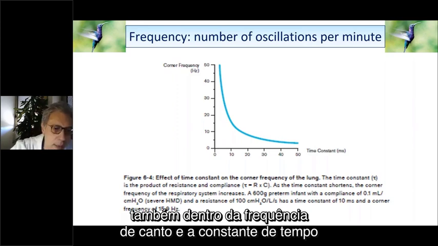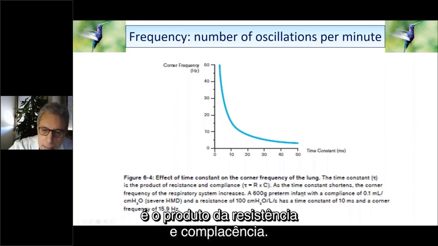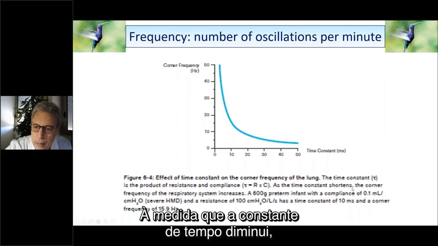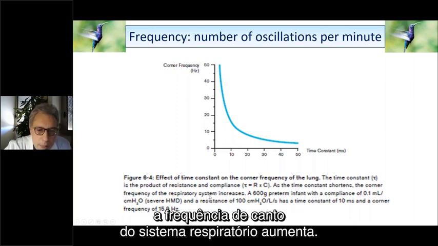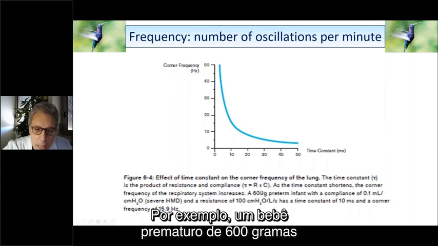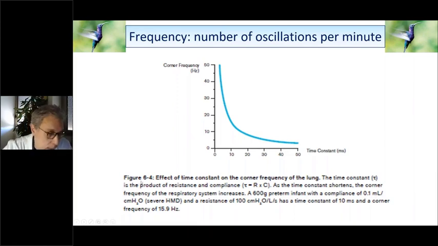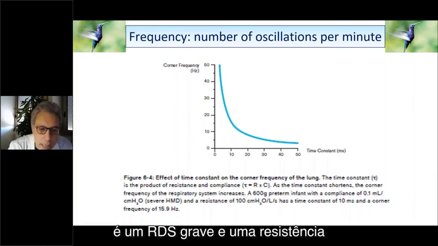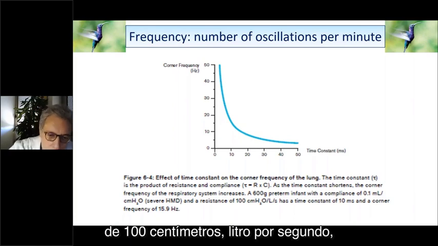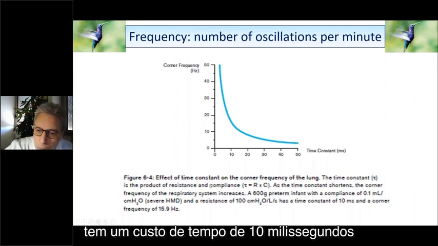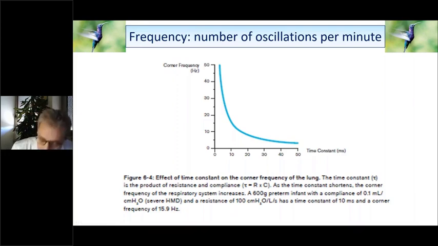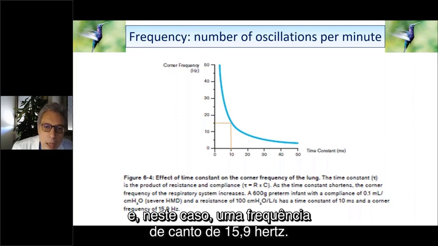And the time constant is the product of resistance and compliance. As the time constant shortens, the corner frequency of the respiratory system increases. For example, a preterm infant of 600 grams with a compliance of 0.1 milliliter per centimeter H2O, severe RDS, and a resistance of 100 centimeter H2O per liter per second has a time constant of 10 milliseconds, and in this case, a corner frequency of 15.9 Hz.